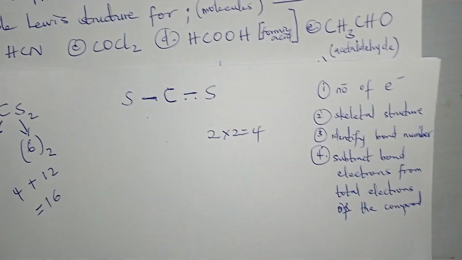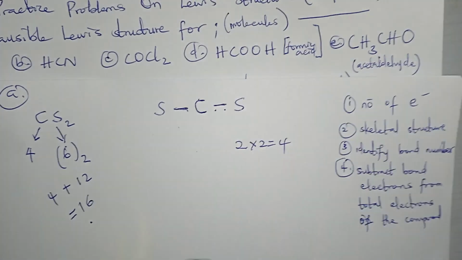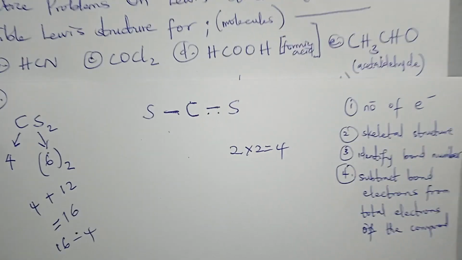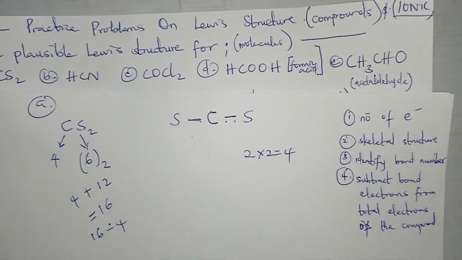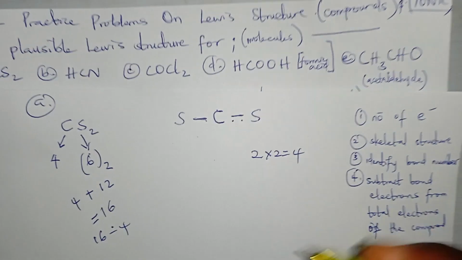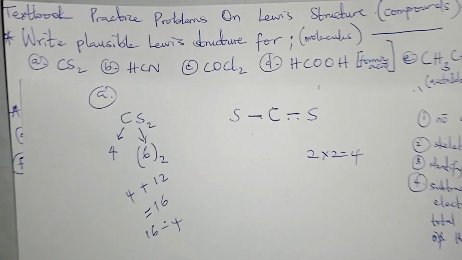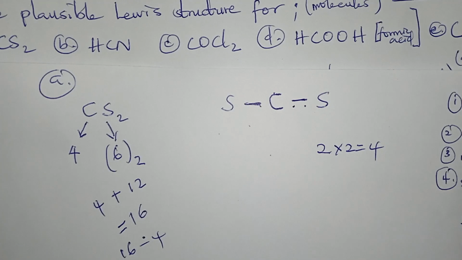Since I have 16 here, I'll do 16 minus 4, which gives me 12. That means the total number of electrons that I will use to get my Lewis structure is 12.